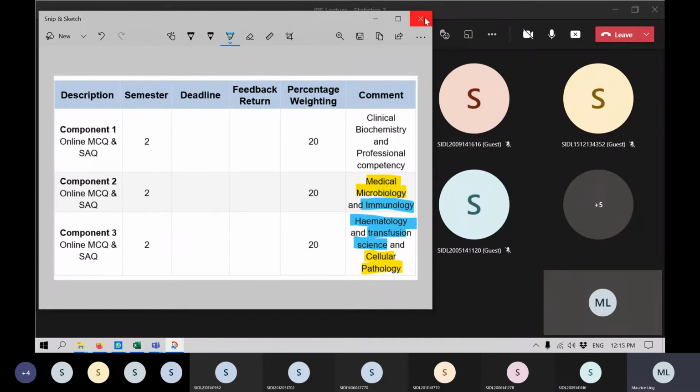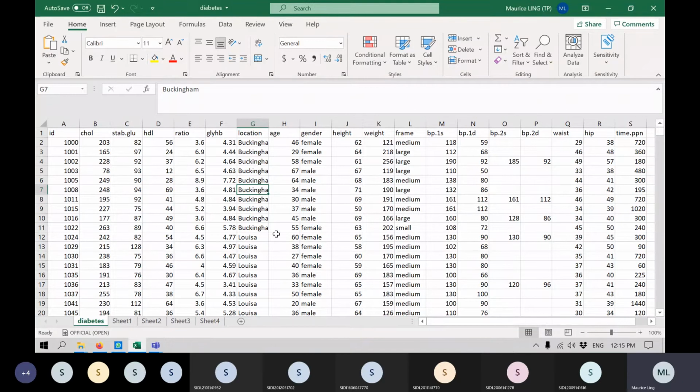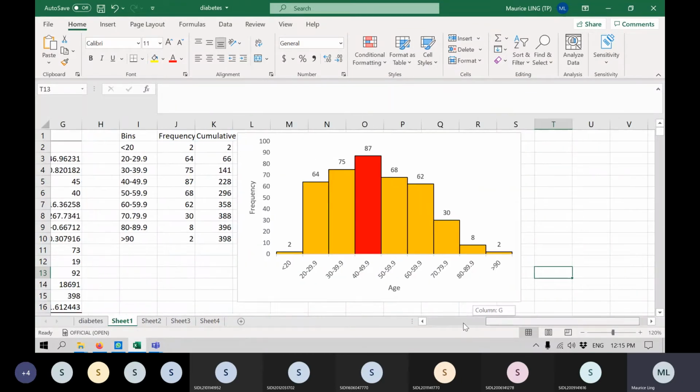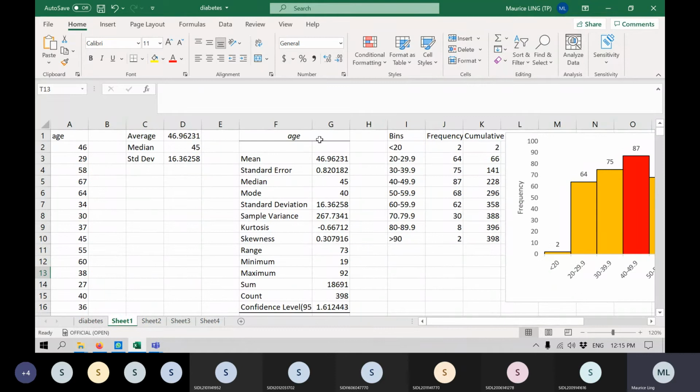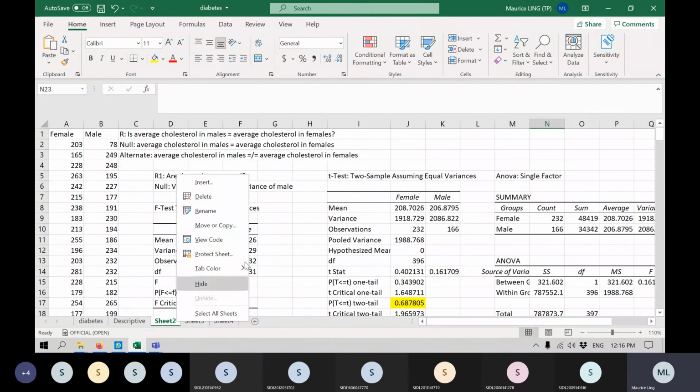Thank you. Okay, so with that settled, we can continue with what we want to talk about today. In the last session we talked about how to do histograms and descriptive statistics. Let me just rename this: this is your descriptive. And we talked about your t-test.